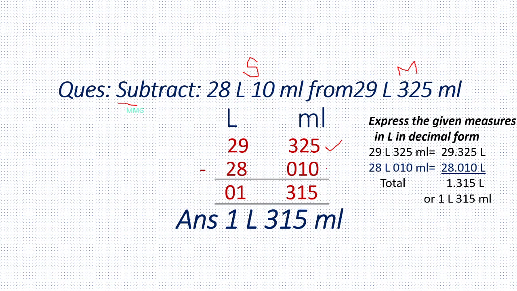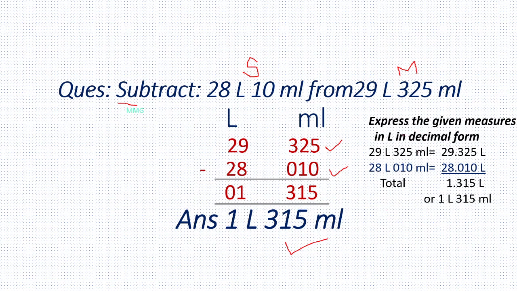After that I have written 28 under the liter column and 10 under the milliliter column. So 5 minus 0 is 5, 2 minus 1 is 1, 3 minus 0 is 3, 9 minus 8 is 1, 2 minus 2 is 0. So you can see 1 is under the liter column and 315 is under the milliliter column. So our answer is 1 liter 315 milliliter.